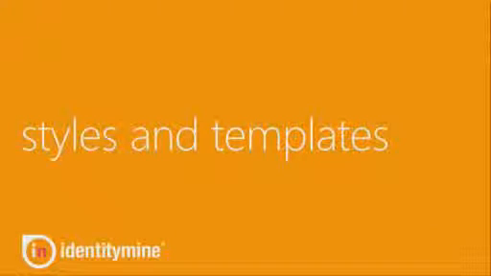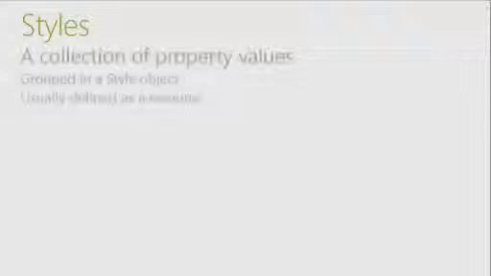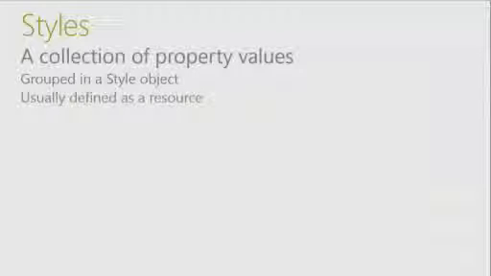So let's progress and talk about styles and templates. We already touched a little bit on that. Styles and templates are resources. We have resource dictionaries. So what is really a style? A style is a collection of setters which you can assign to an object.